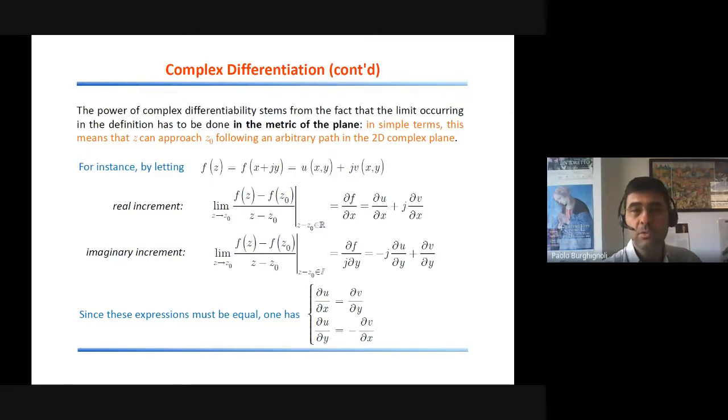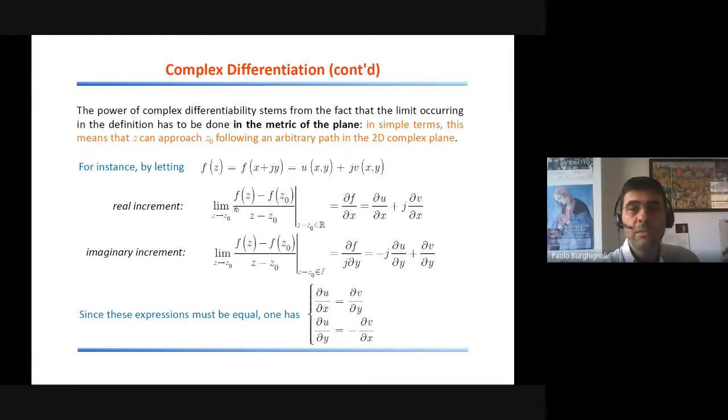For instance, if you consider a function f and you explicitly indicate the real and imaginary parts of the variable z with the letters x and y, and also you split the real and imaginary parts of the function f and call them respectively u and v, then you can, for example, choose to introduce a real increment. So you move parallel to the real axis of the complex plane.